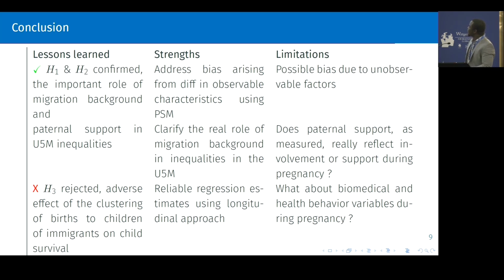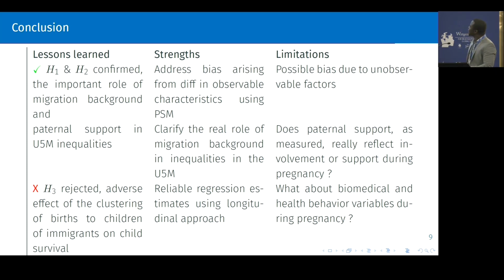This work is not without limitation. The first limitation is the possible bias due to unobservable factors, because if this method can address bias arising from differences in observed characteristics, it cannot do it for unobserved factors.